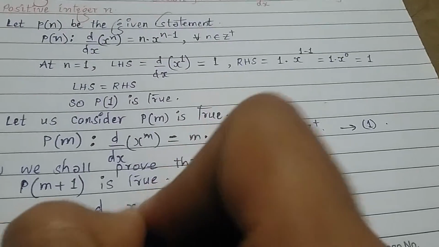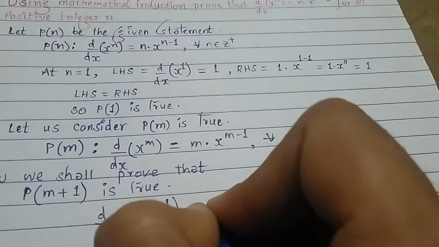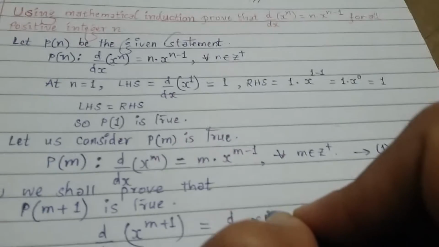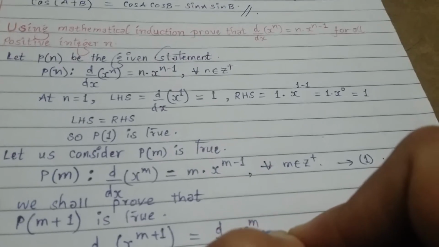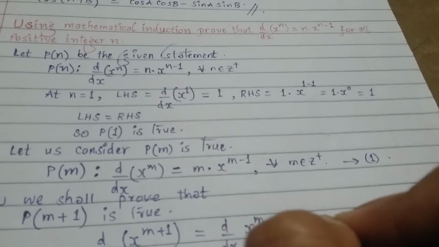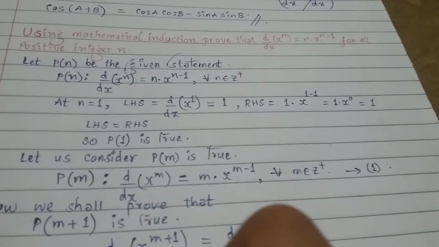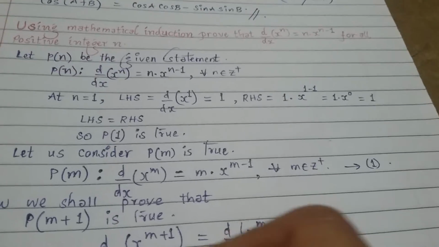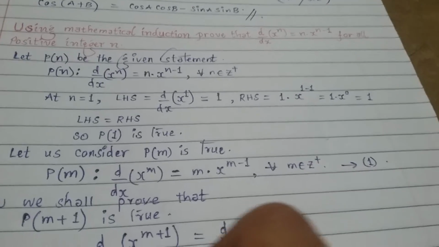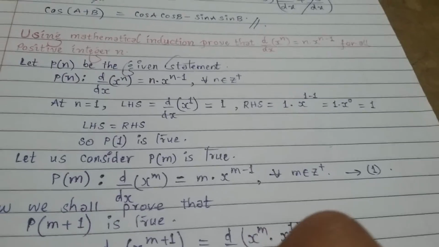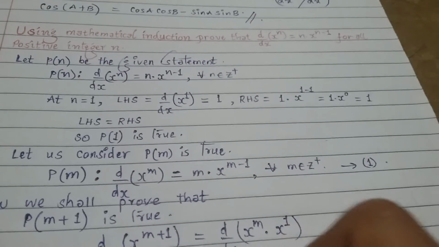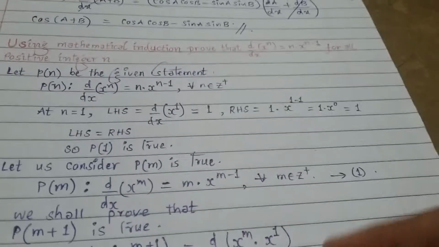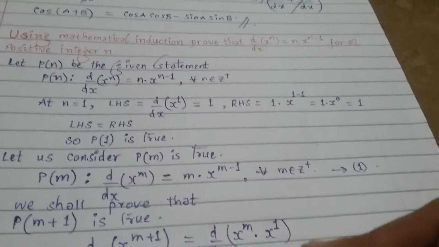So d by dx of x power m plus 1 we can take here is equal to d by dx of x power m into x power 1. So this can be taken as uv form here, u into v dash plus v into u dash: x into d by dx of x power m plus x power m into d by dx of x, x power 1.